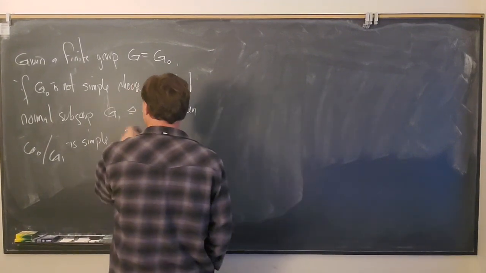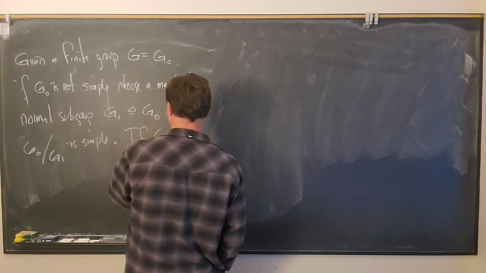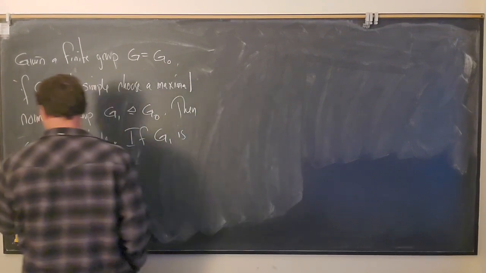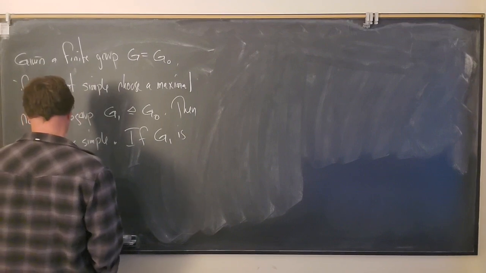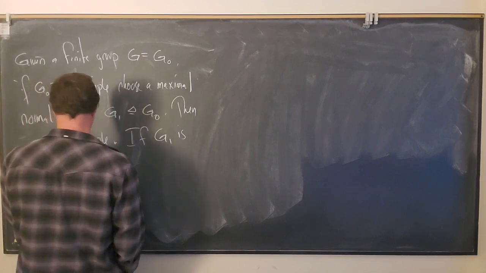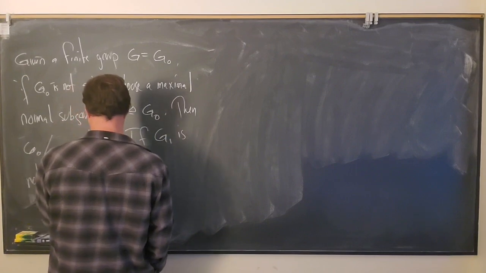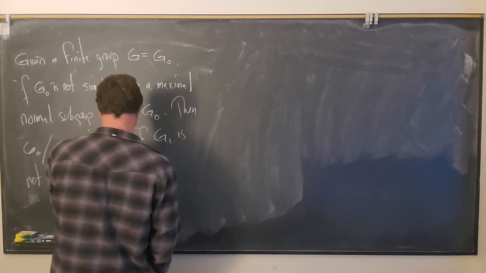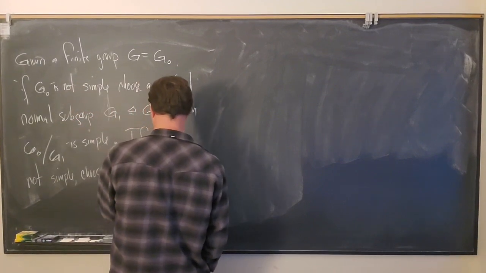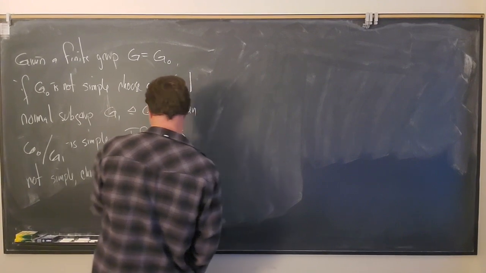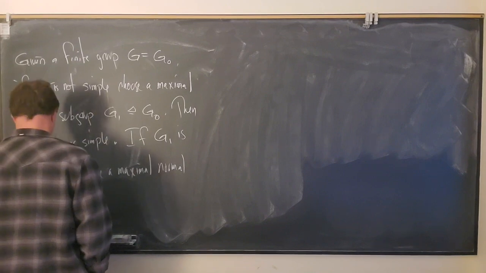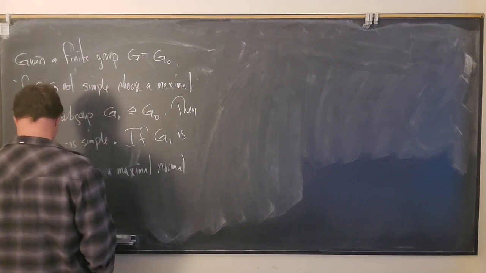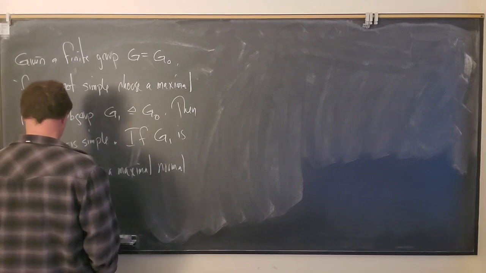And then maybe G1 is simple, maybe it's not. If G1 is not simple, we're going to just repeat this pattern. Choose a maximal normal subgroup, G2.